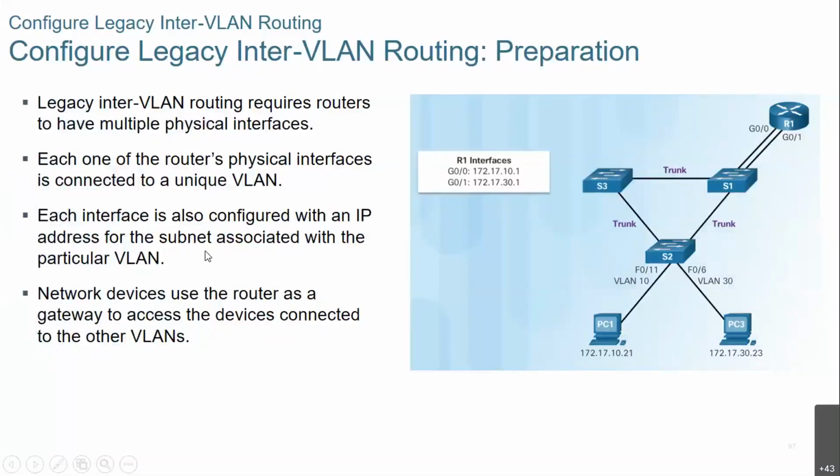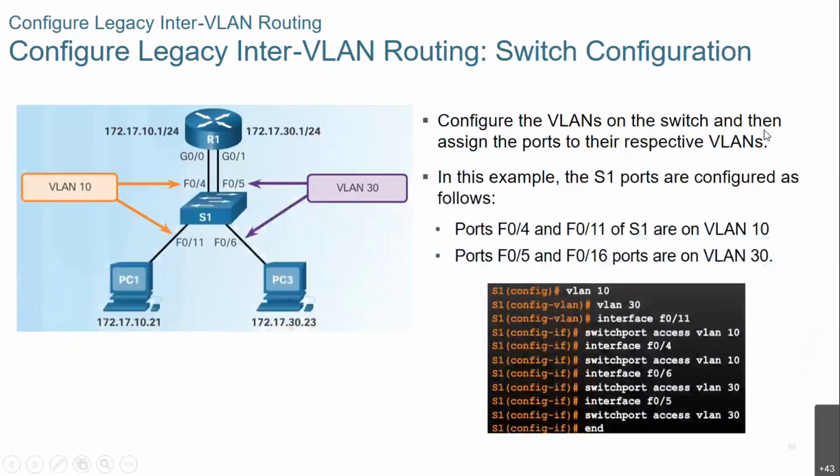So here we have legacy inter-VLAN routing. It would have an individual interface on the router for each of the VLANs. So here we have 2 VLANs, so we have 2 physical interfaces needed on the router.